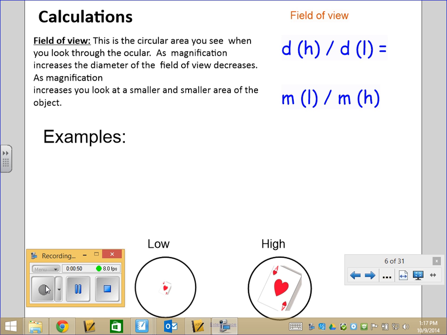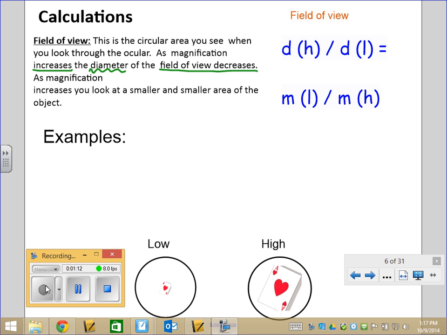So if you take a look at what it says on the left first, it says that field of view is the circular area you see when you look through the ocular lens. As magnification increases, the diameter of the field of view decreases.